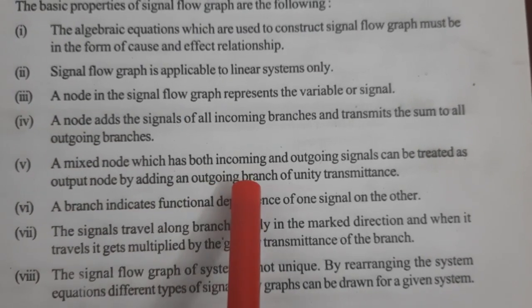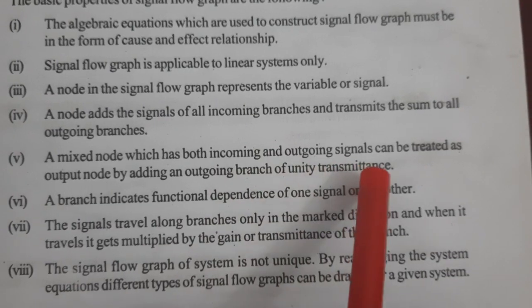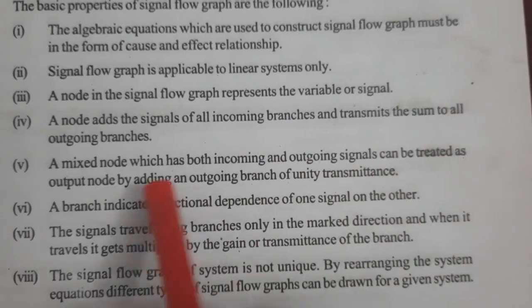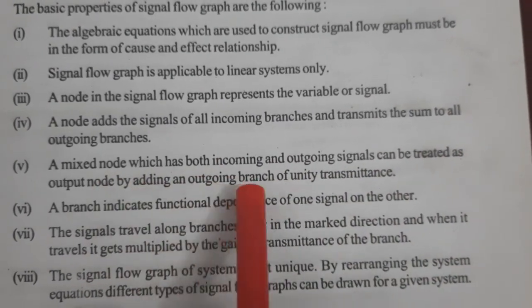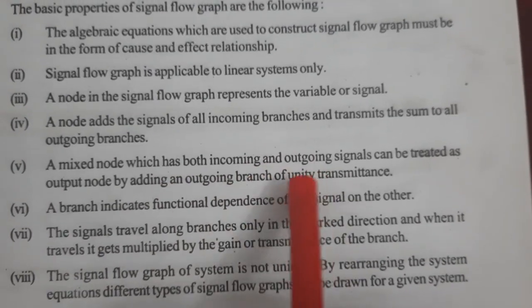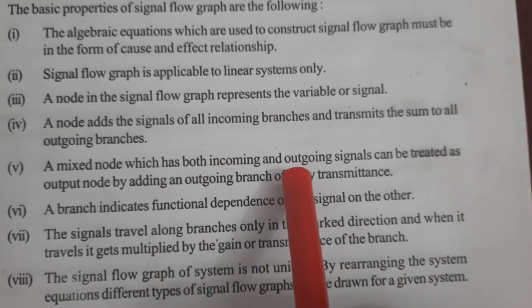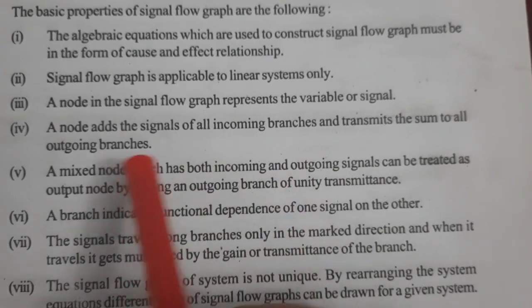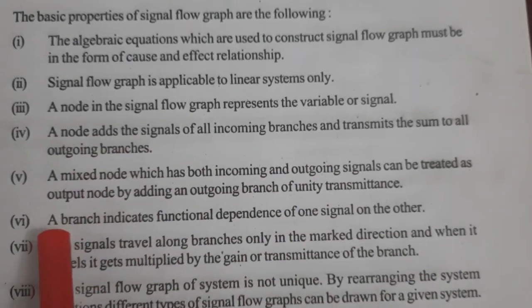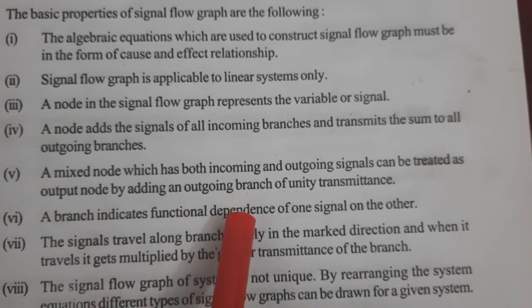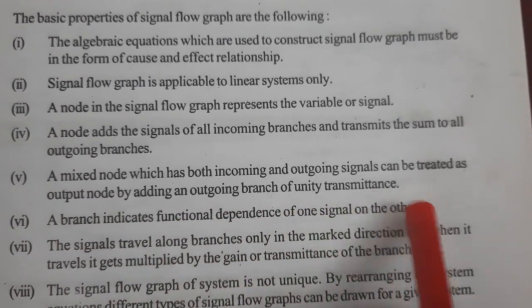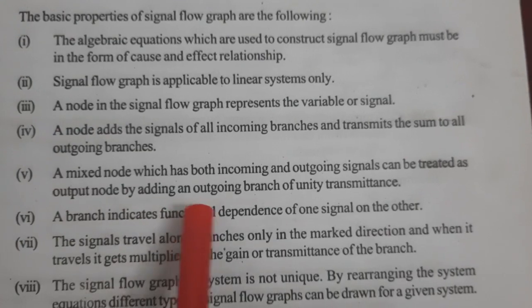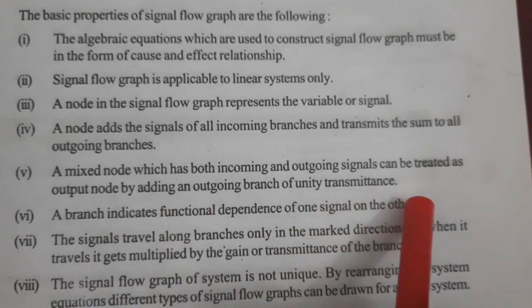Next property: a branch indicates the functional dependence of one signal on the other.